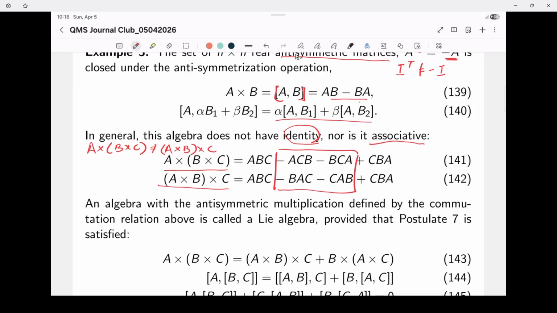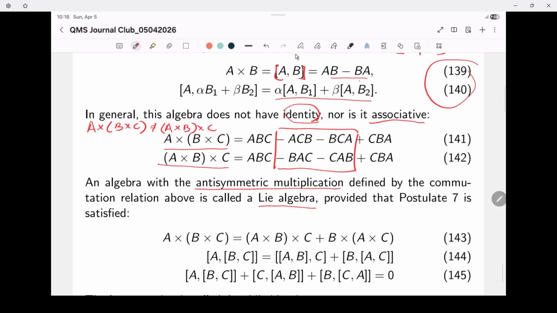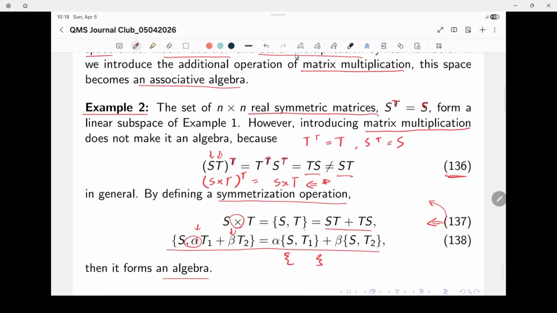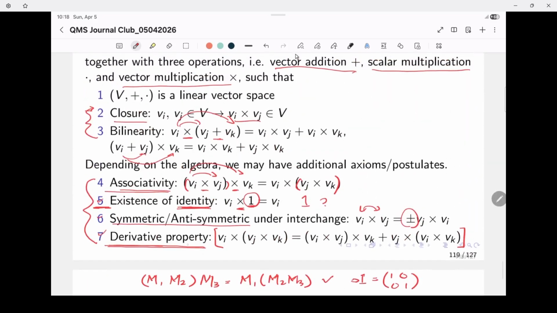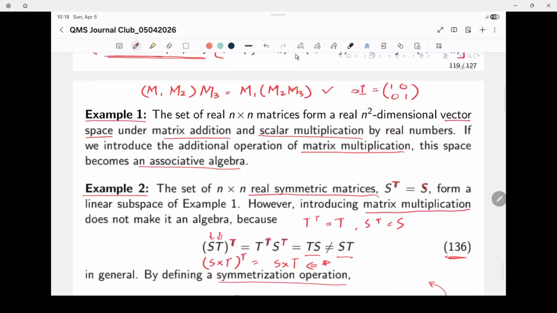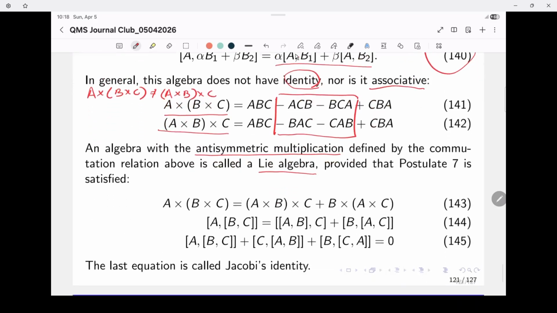So if let's say you have this kind of algebra with this kind of antisymmetric multiplication defined by 139 and 140, then this is what we call a Lie algebra. And you need to satisfy an additional condition, which is the derivative property.